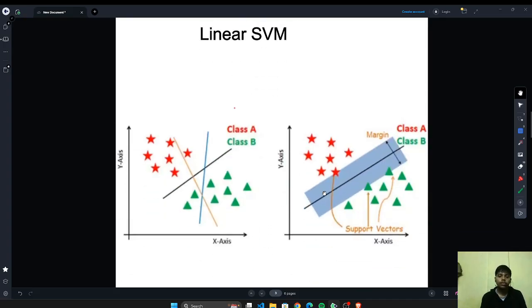So what is SVM? Let's understand it with a graph. Let's look at the right graph. Here we can see two classes are divided with the help of one line.